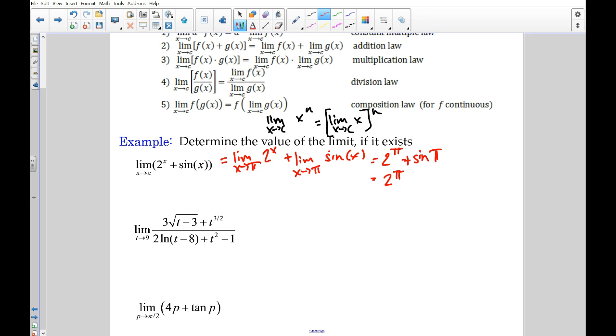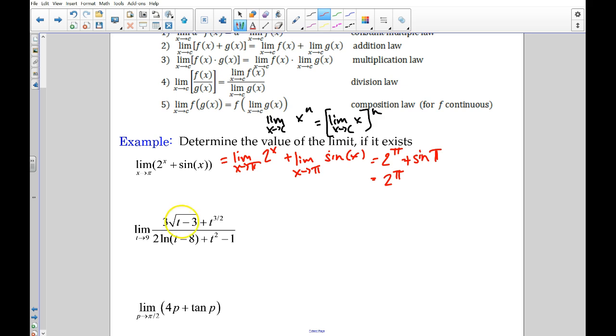Alright, so now the next one. This one looks a little less friendly, but that doesn't mean we can't work with our limit properties. My first question is, is there any instance where 9 is not in the domain of any of these pieces?